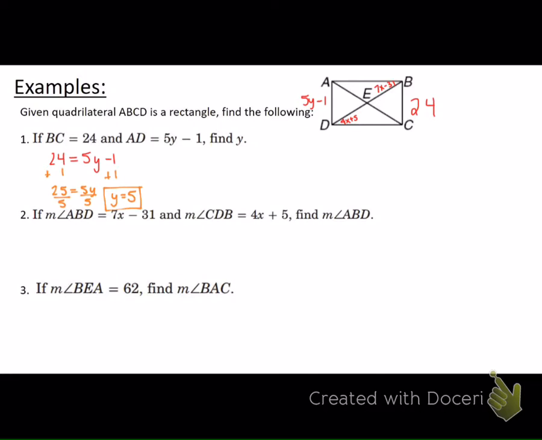Look at this. If lines are parallel, which these two are, cut by a transversal, which that's the transversal, then alternate interior angles are congruent. So these two angles are alternate interior, so they are congruent. So I'm going to do 7x minus 31 equals 4x plus 5.